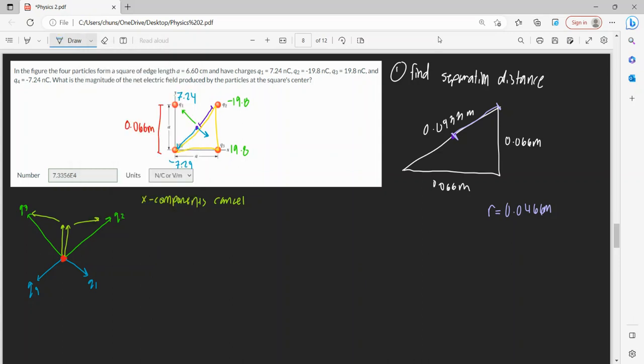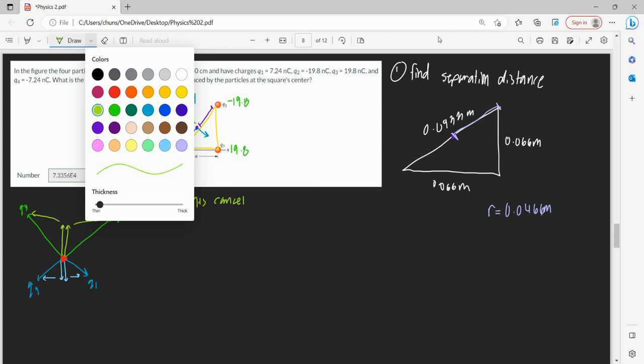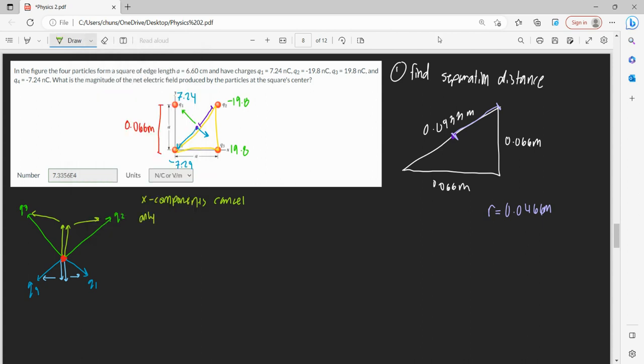Similarly, when we look at the bottom, we're going to see that our y components add and our x components cancel once again. So we're going to only consider y components. And since the magnitude of our y components is larger than that of the bottom here, there's going to be an overall upward force.